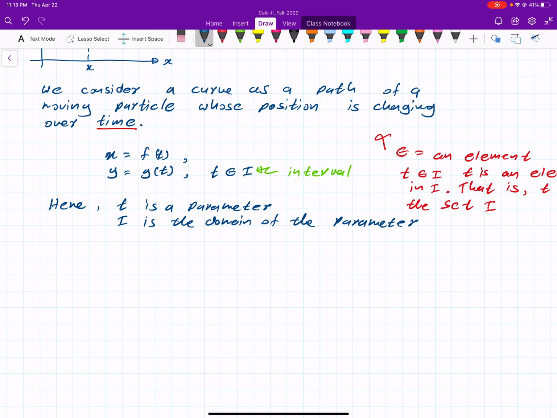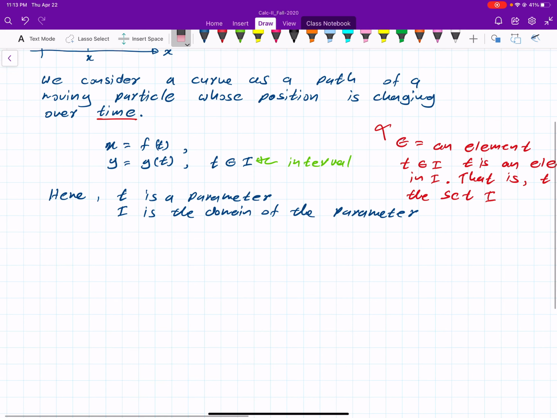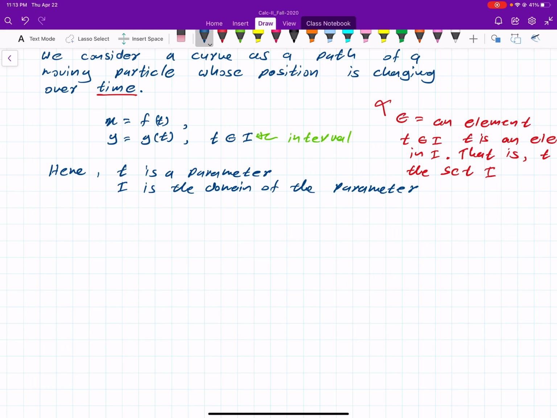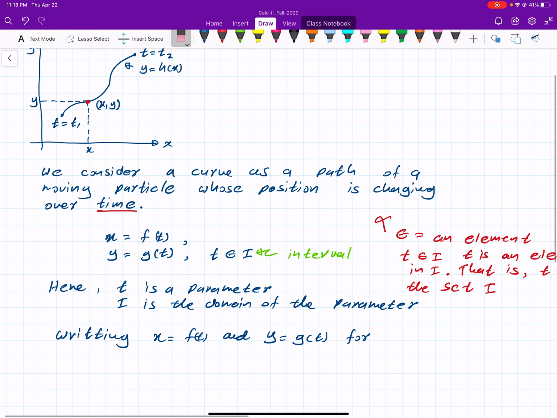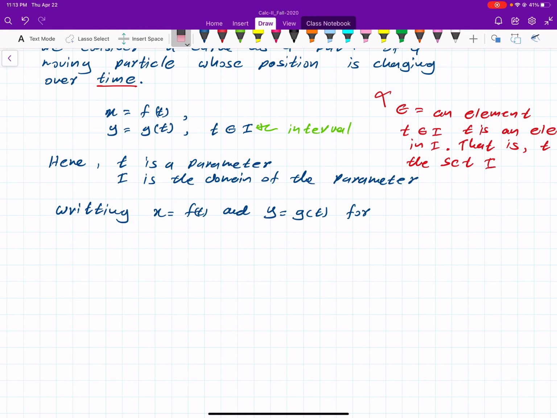All right. Then writing x equals f of t and y equals g of t, for the given function, the given function is that y equals h of x, is called parameterization of the curve.